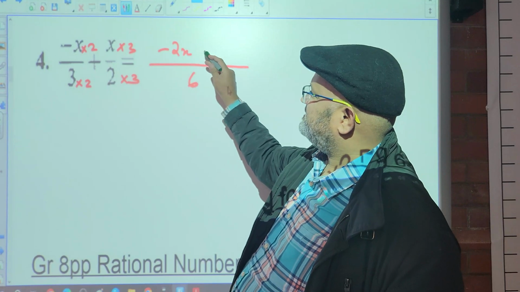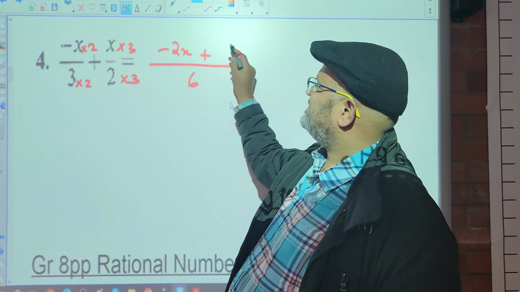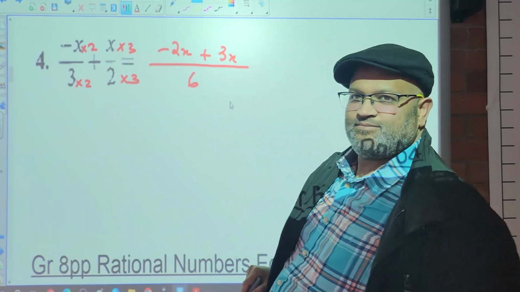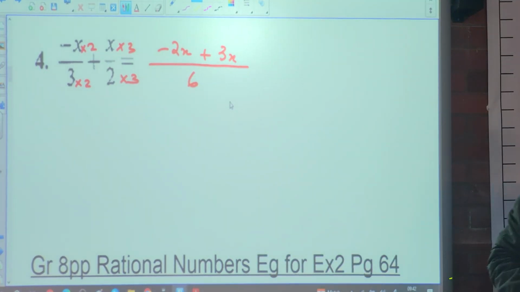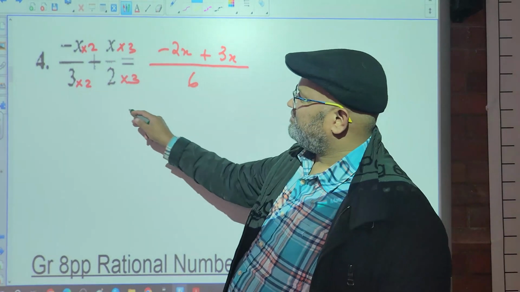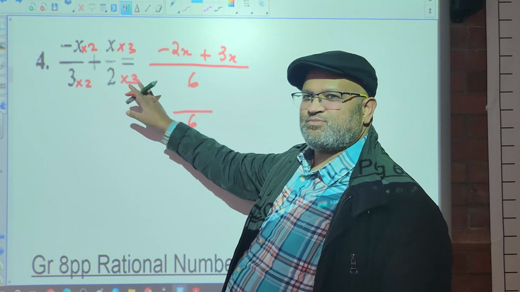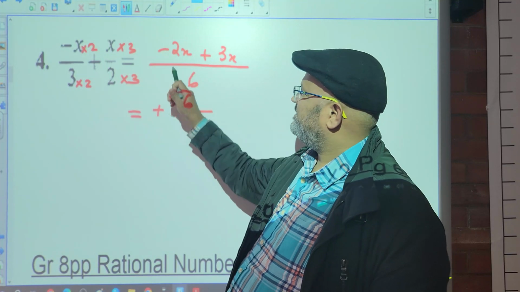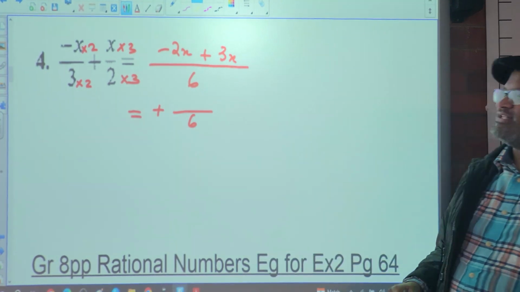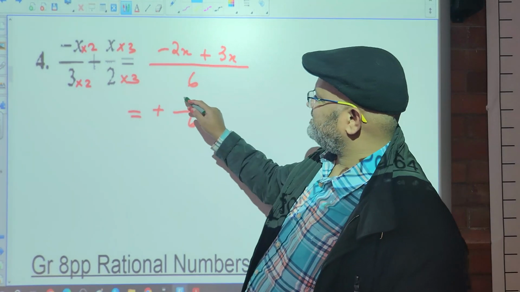Negative 2x. Plus 3 times x. What is larger, 2 or 3? So the answer is going to be positive. Do I need to write this positive here? No. What's 3 minus 2? 1. This is 1x.